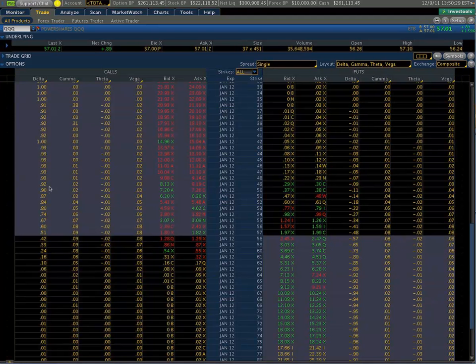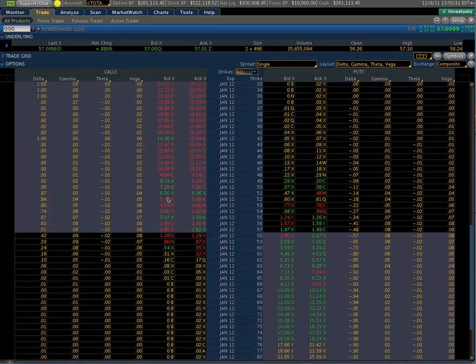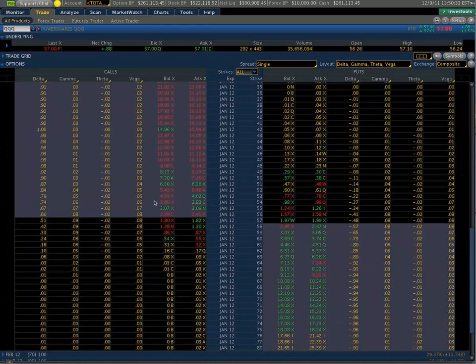If you're expecting a very big move in the Qs, you would be better off probably buying at the money options that will rise and then gradually increase the delta as they get further into the money, giving you some sort of buffer and an additional profit as it continues to move in your direction.